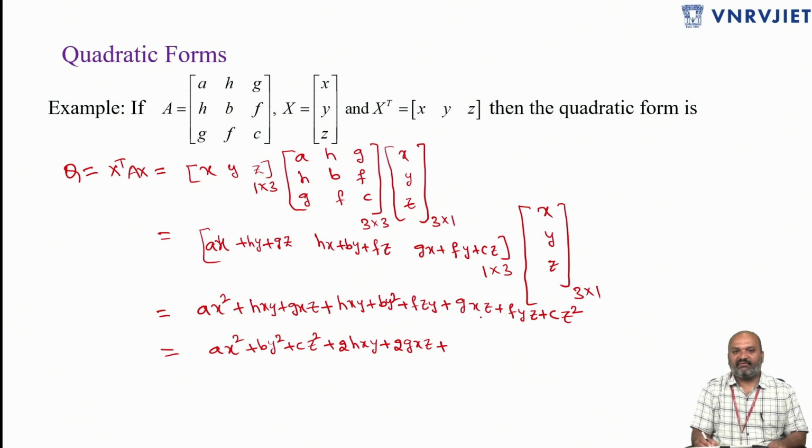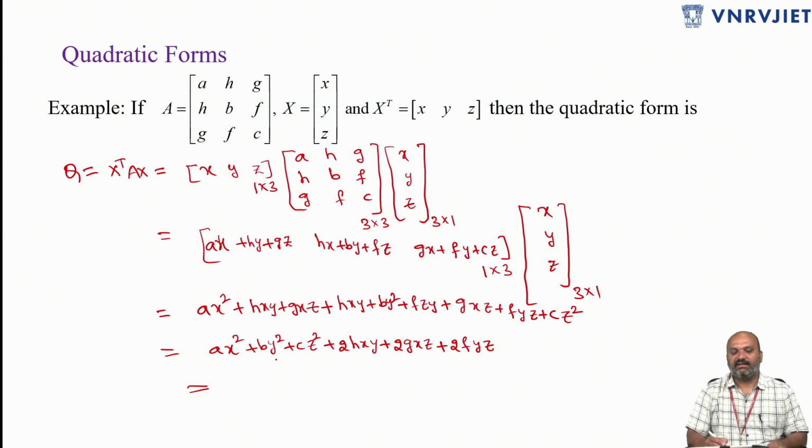And fzy plus fyz, both are the same, so 2fyz. So this is the quadratic form. If the matrix is given, we can write the quadratic form by writing x transpose A x, where x is the variable vector and A is the matrix of the quadratic form.